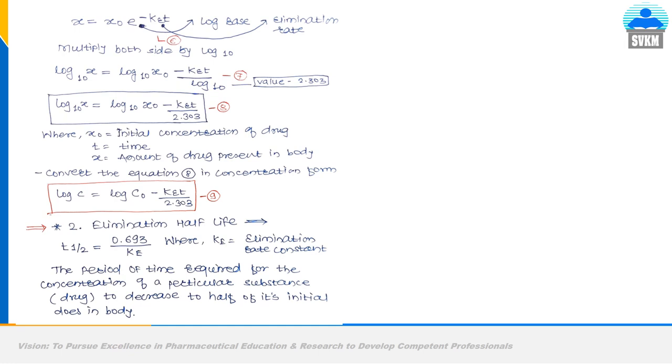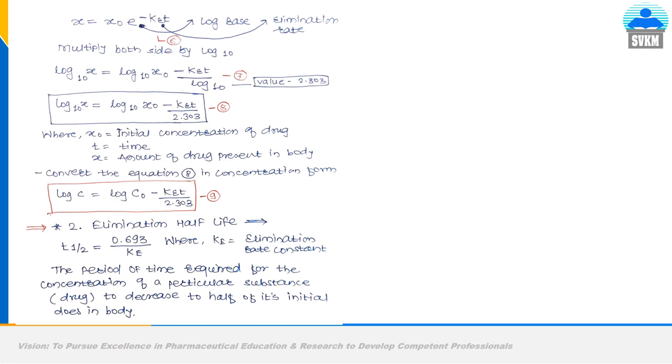So the equation is log x is equal to log x0 minus Ket upon 2.303, where x0 represents the initial concentration of drug, t is the time, and x is the amount of drug present in the body.